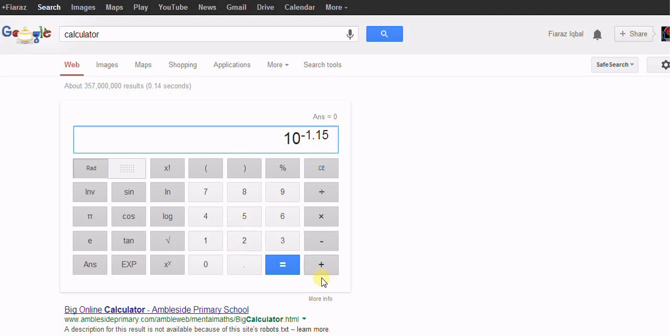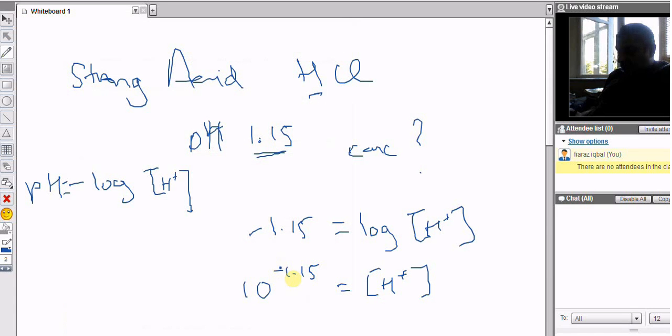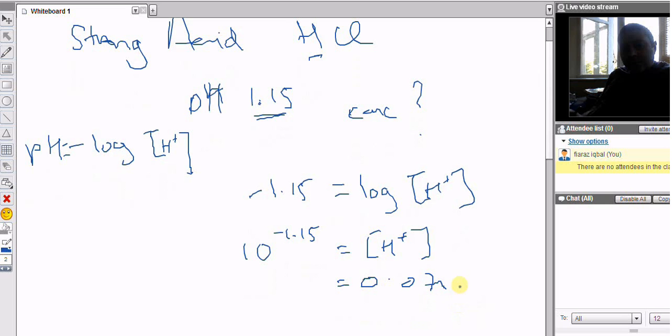It tells us a really interesting number: 0.07. I'm going to leave it at 0.071 moles per litre, moles per dm cubed.